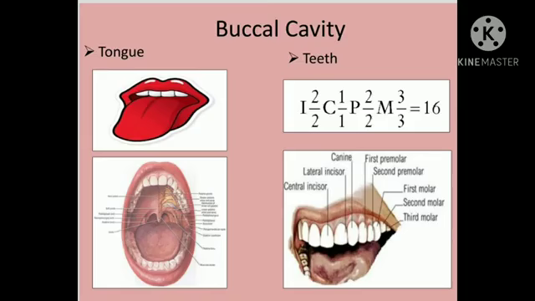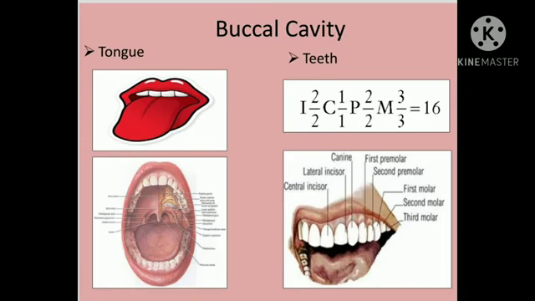These taste buds are present on the papillae, on the projections on the upper part of our tongue, and they contain the sensory receptors by which we can taste the different tastes and flavors of our food. So this is all about the tongue.